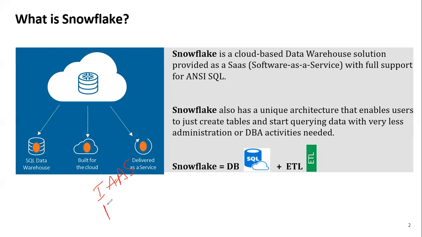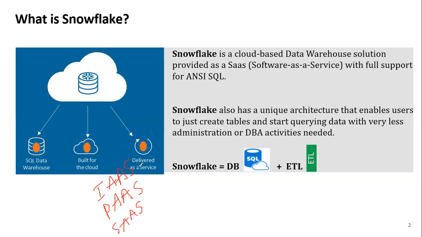And one more is PaaS, platform as a service. And the last one we have is SaaS. At a high level, I'm talking here. If you go deep, we have some more categories. I'm not discussing those, but at a high level, if you ask somebody what are the different service models in the cloud, people will say these only: IaaS, PaaS, SaaS. Now what is IaaS? What is PaaS? What is SaaS?